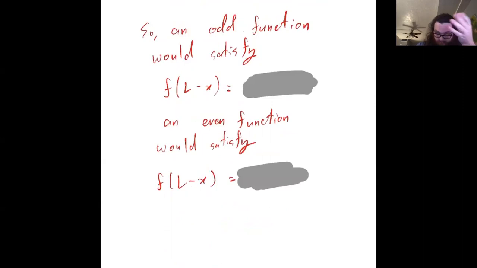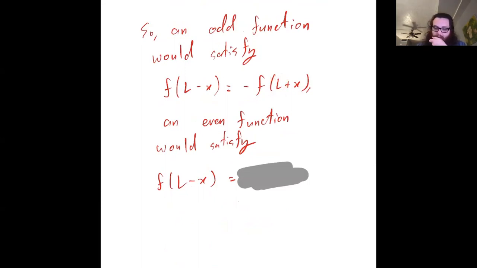So one way to write down what we just said is, if you want to know what the value of the function is a little to the left of the center of your interval, we would think of an odd function as satisfying that it's going to be negative the value of the function if you go a little to the right of the center of your interval.